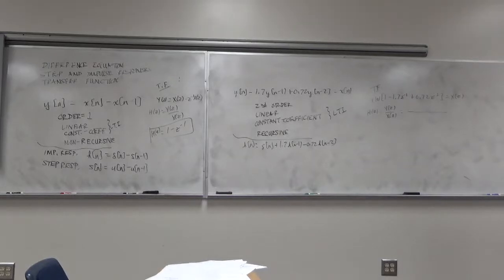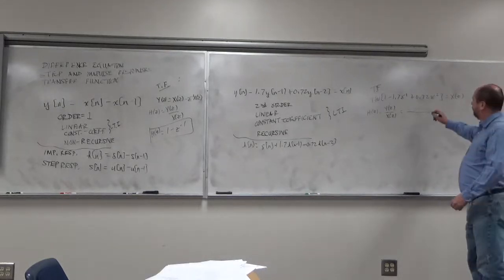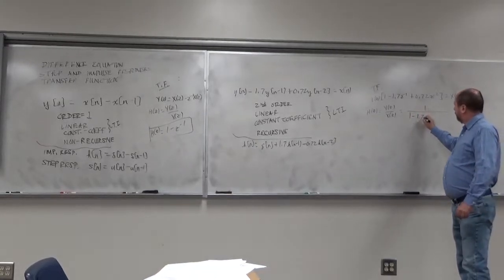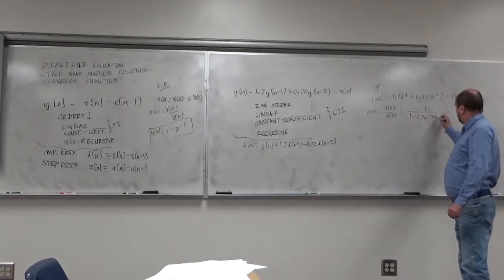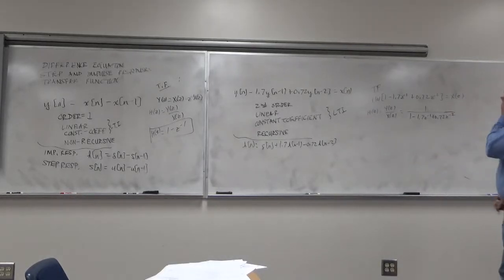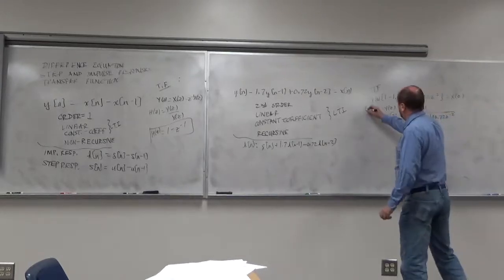Felt kind of quiet today. What's the numerator? 1. Remember, it's the coefficients of the input. 1. Denominator, 1 minus 1.7 z to the minus 1 plus 0.72 z to the minus 2. All right, there's your transfer function here.